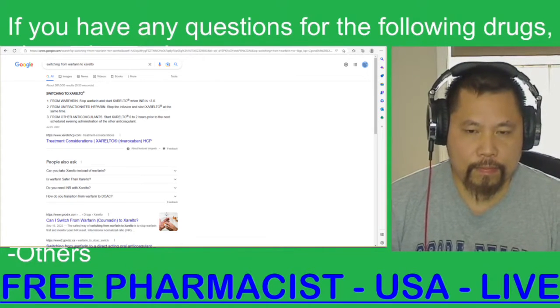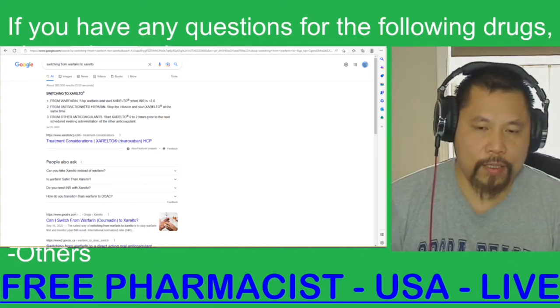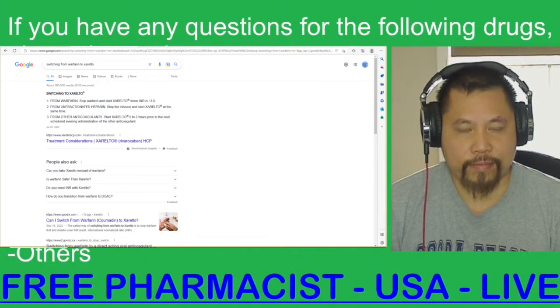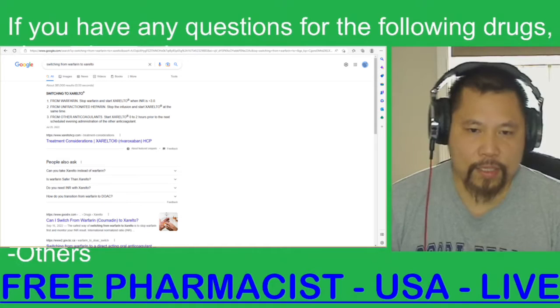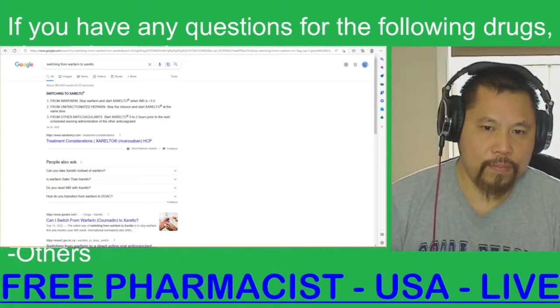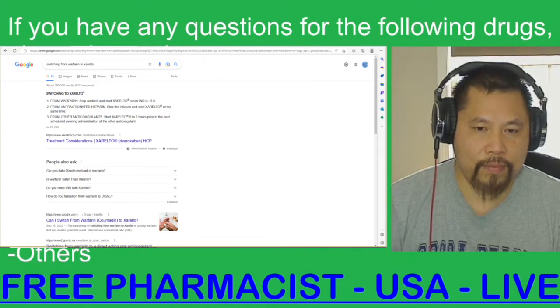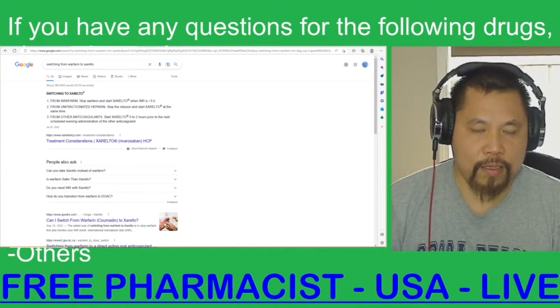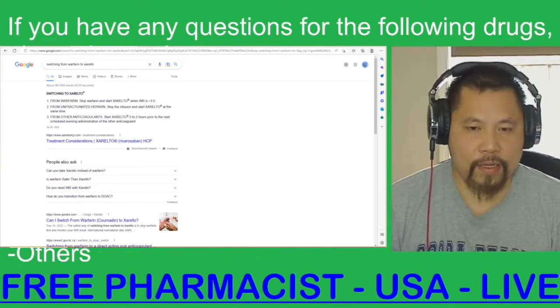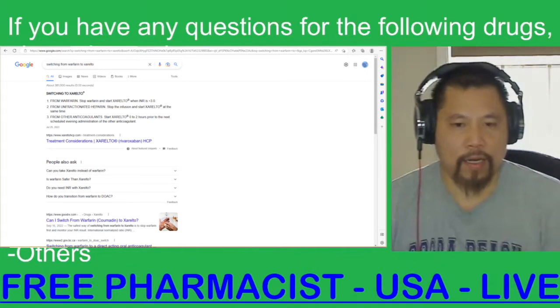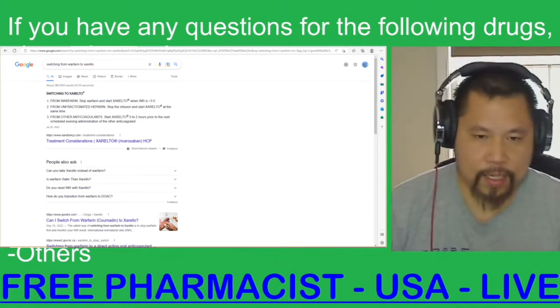I mean, when you want to switch from Xarelto to warfarin, you might need to consider the Lovenox injection to make sure the patient doesn't have any stroke risk or any life-threatening blood clot.